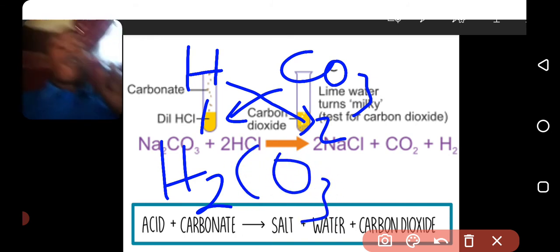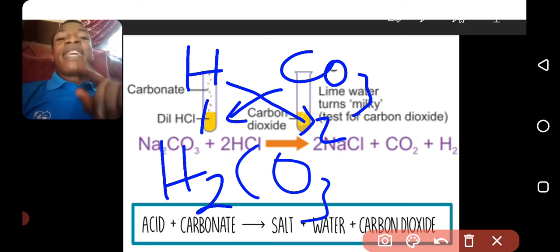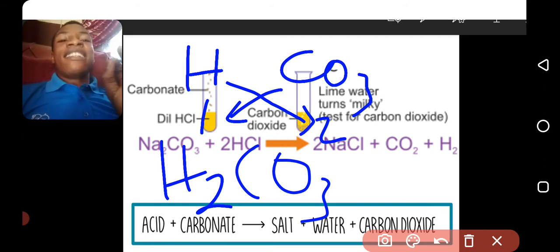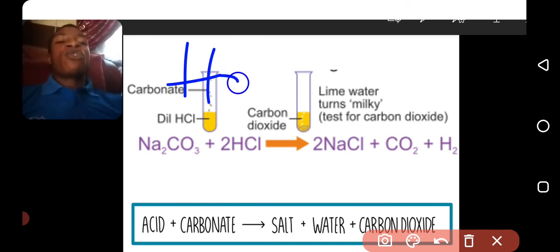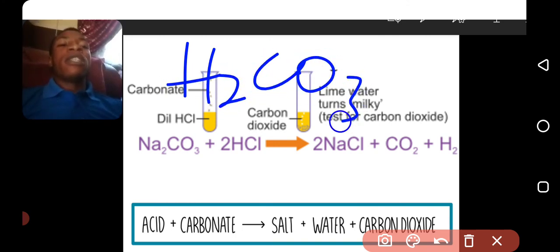Now, because H2CO3 is a weak acid and it is very unstable, it automatically breaks down into water and CO2. See how it's going to break down. We have H2CO3.